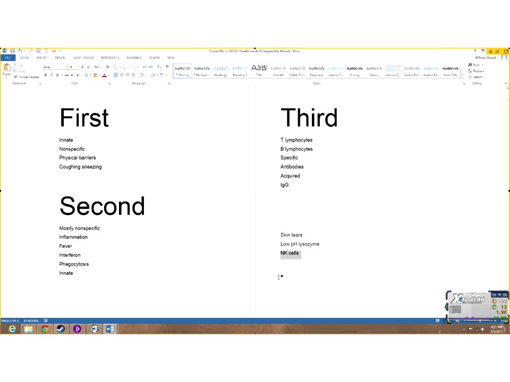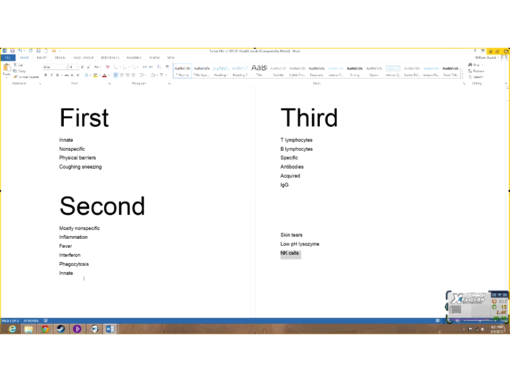Now, with that in mind, what about the natural killer cells? What do you know about those? Are they specific or non-specific? Yes, natural killer cells. They are innate. So what do you think they are? Second, right.